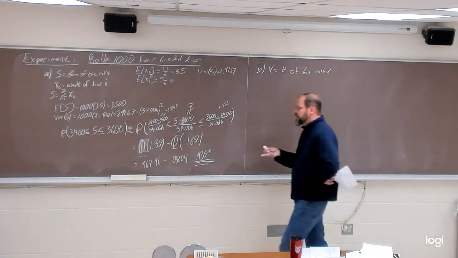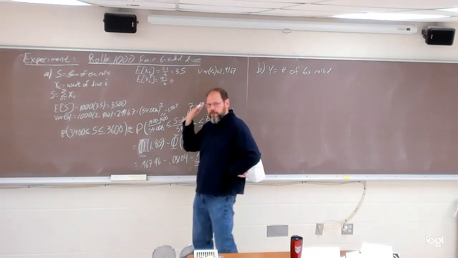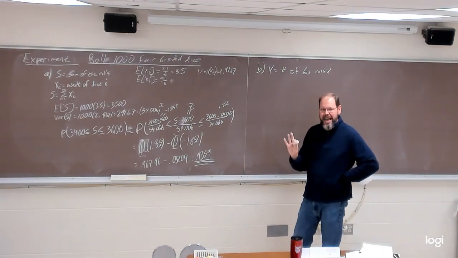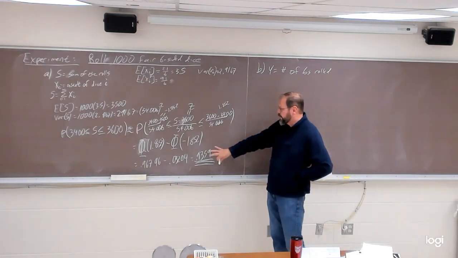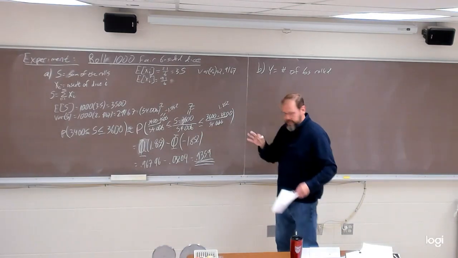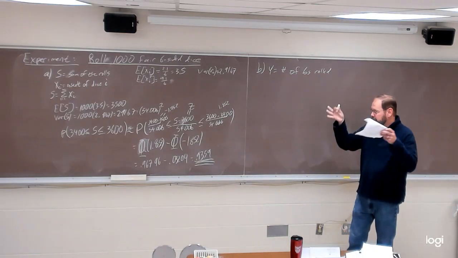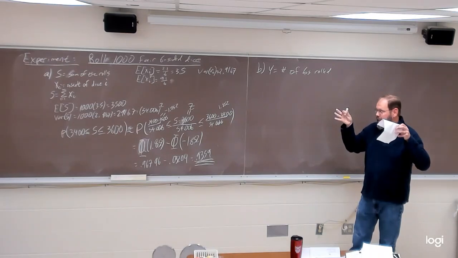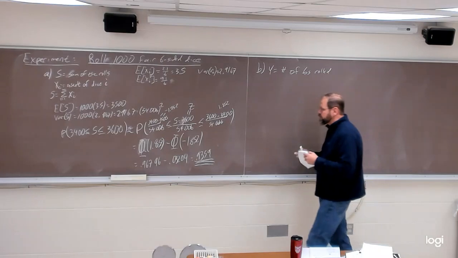If I get 4,000 as a sum, we can compute the probability that it's at least 4,000, but that's something that would never happen. We can see how clustered these results end up around the mean. Even though the mean is 3,500, most of the probability is going to end up between 3,400 and 3,600.